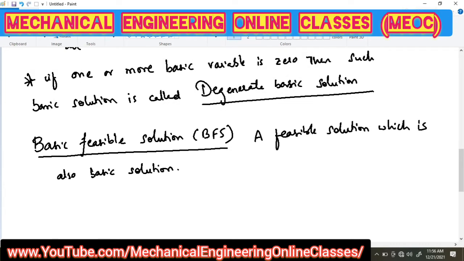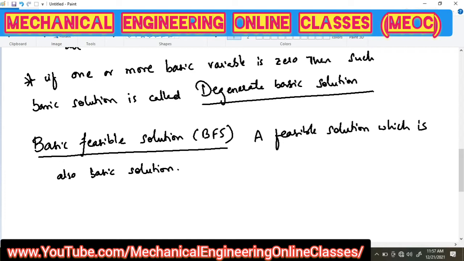A solution is called a basic feasible solution when all the basic variables are 0 or positive, and also the solution should be a basic solution. So if the solution is both basic and feasible, then we call it a basic feasible solution, BFS. Feasibility is just a technical term which means practically possible.